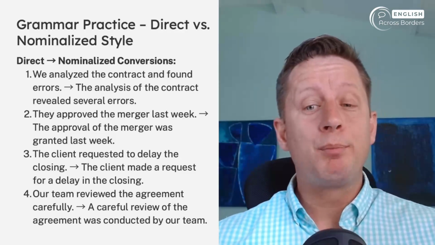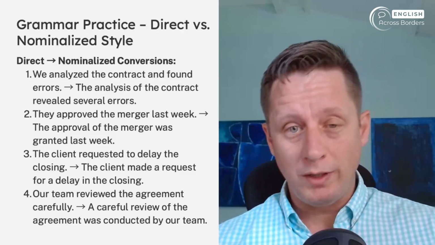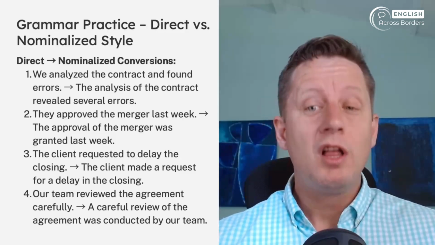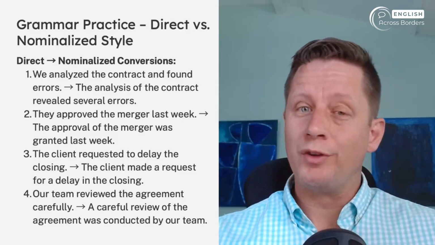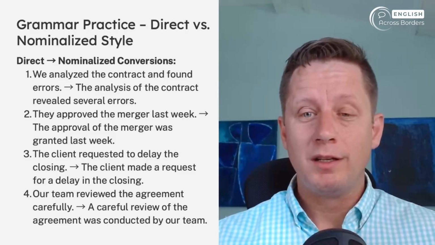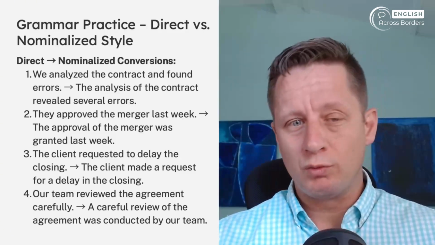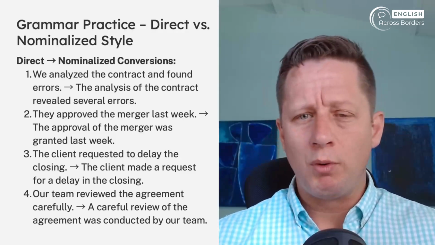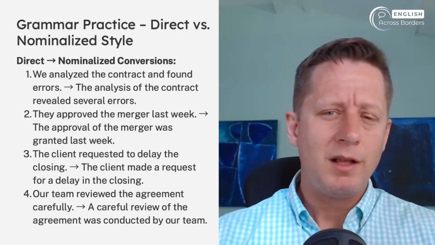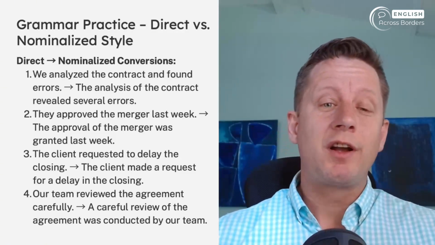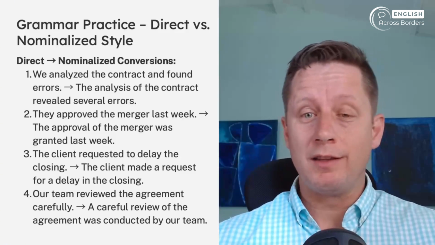Next, "They approved the merger last week" becomes, "The approval of the merger was granted last week." This turns a direct action into an objective record, suitable for reports or press releases. The same happens with "The client requested to delay the closing."